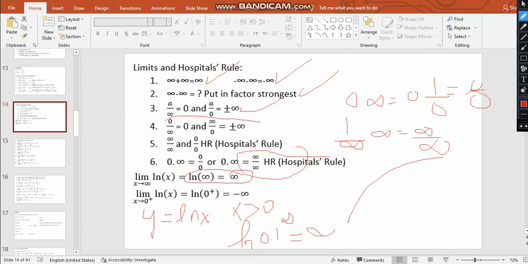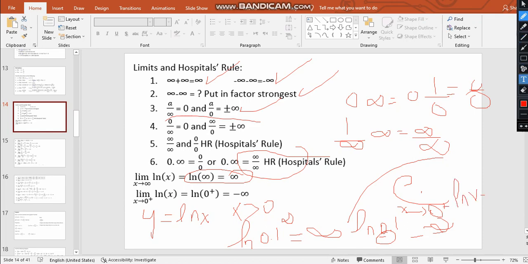So it will be infinity times ln 0.1, so it will be minus infinity. So always, the limit as x tends to 0 plus of ln x is minus infinity.